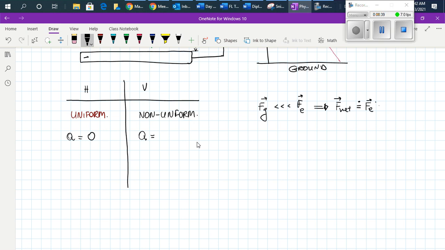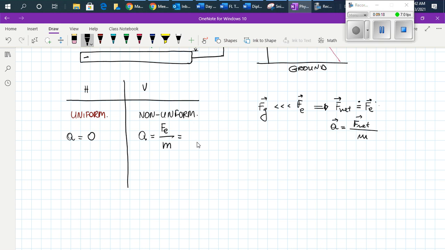Now, based on the second law of Newton, acceleration is equal to net force over the mass of the object. Okay? This is what we will use here. So now we have the electric force, which, as I said, is almost equal to net force over the mass of the particle that is entering in between the parallel plates.